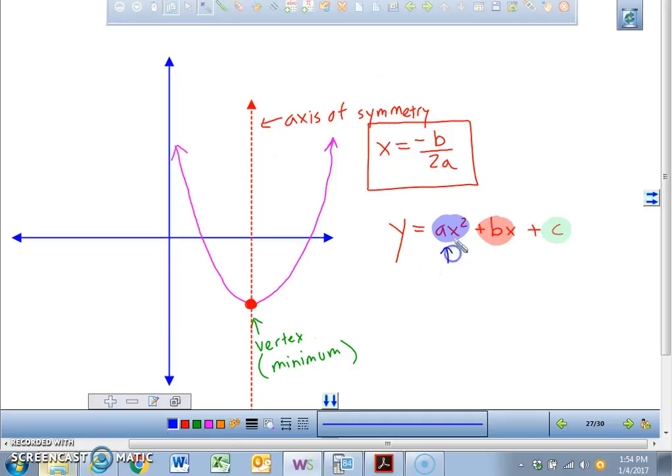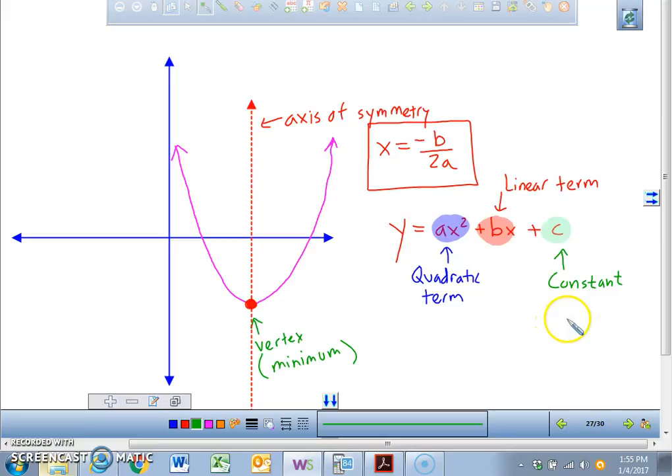The ax squared, where this x is being squared, that is what's referred to as your quadratic term. This term in the middle is what's referred to as your linear term. And this is the easiest one. The number right there at the end is what's referred to as the constant.